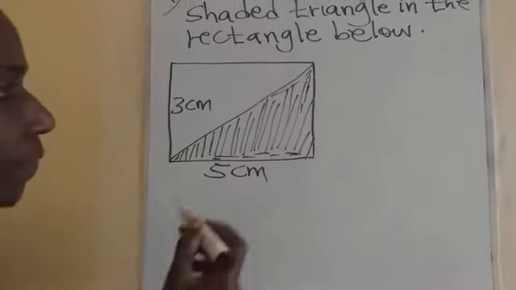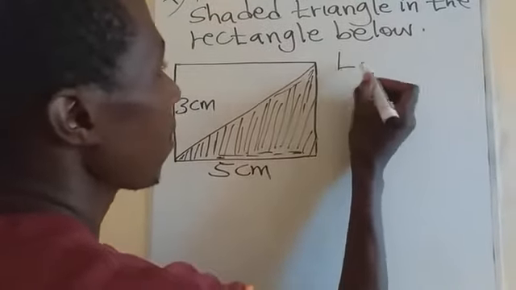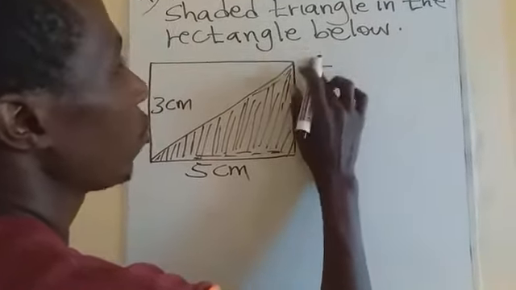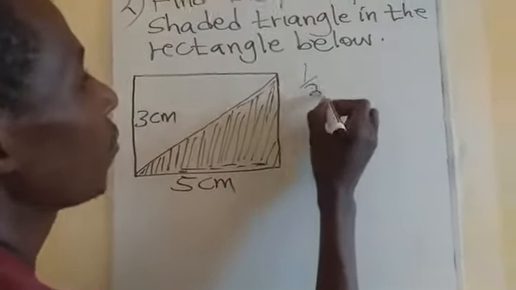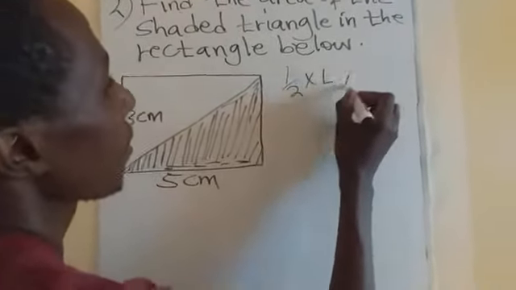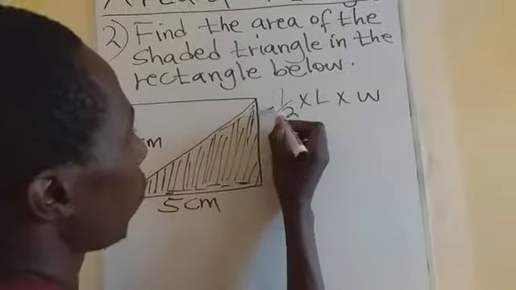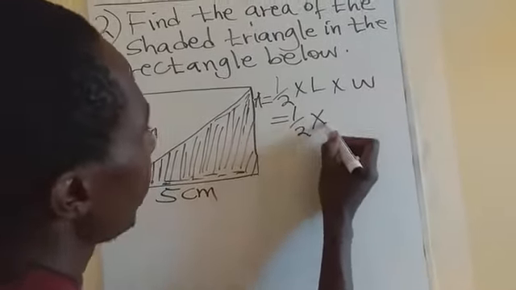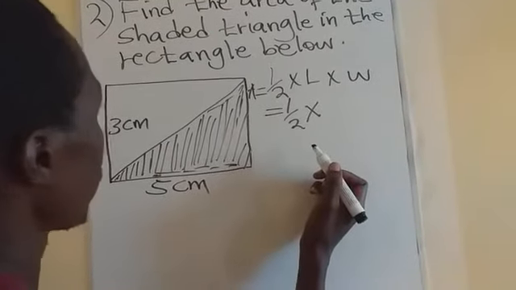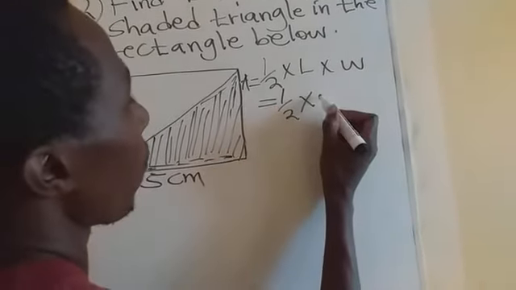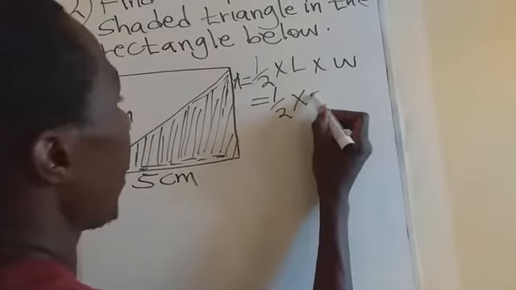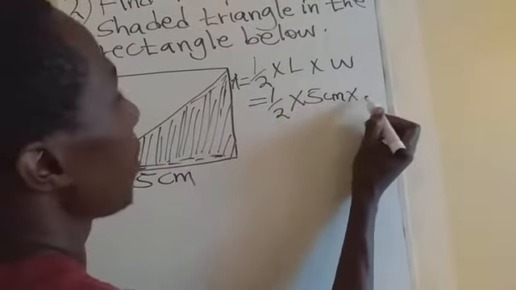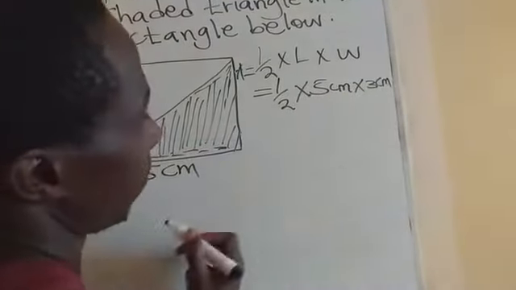One, you can use length. You can use a half times length times width, which will be a half times 5 centimeters times 3 centimeters.